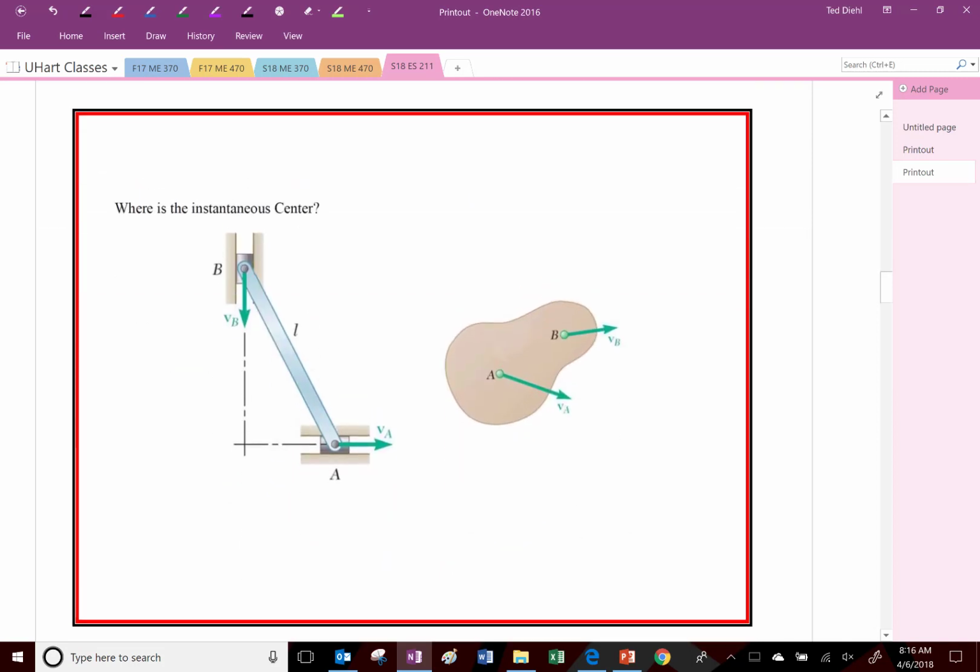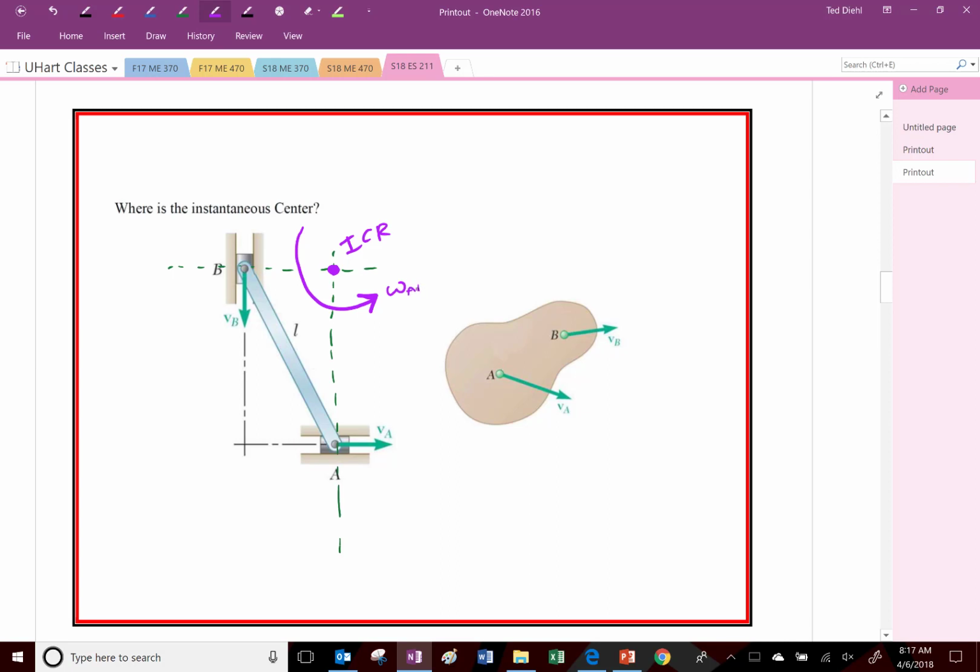Now, just quickly going through a couple situations here. We want to make sure that we draw the lines that are perpendicular to each other to be able to identify that the ICR is right here. And we'll note that means that the rotation has to be right here.